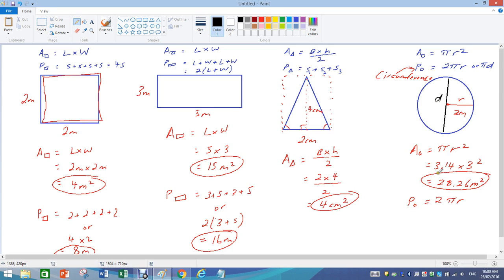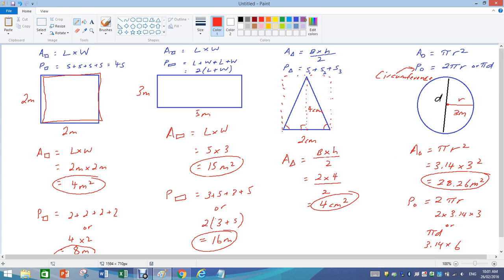So we could do it either way. We can do 2 pi r, which is 2 times 3.14 times the radius, which is 3. Do it that way, or just pi times diameter. So it's 3.14 times, well, if the radius is 3, the diameter must be 6.